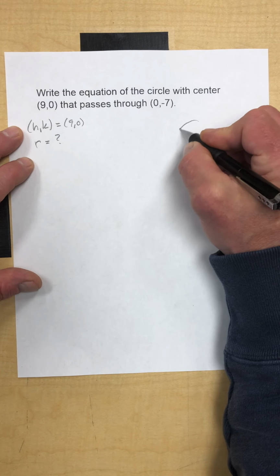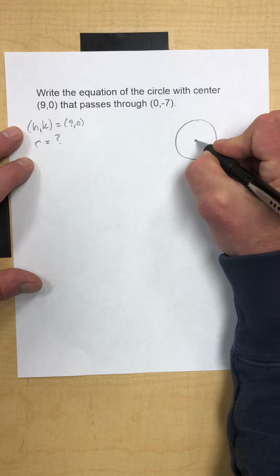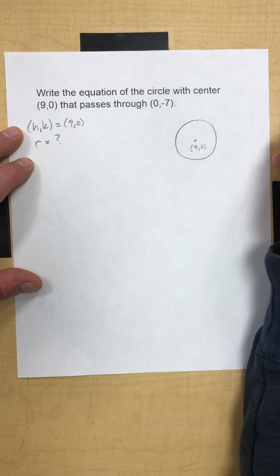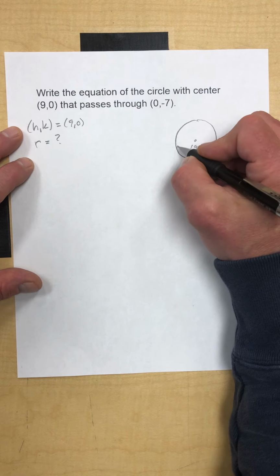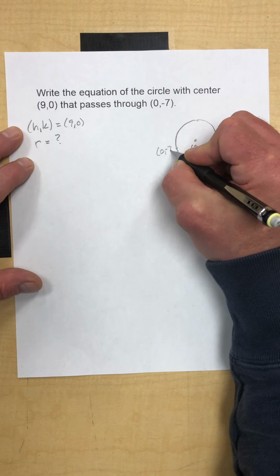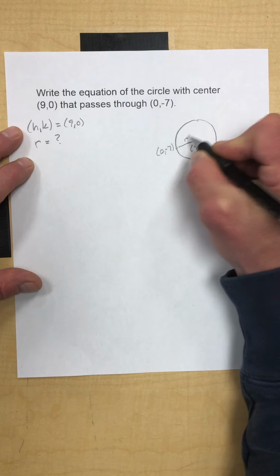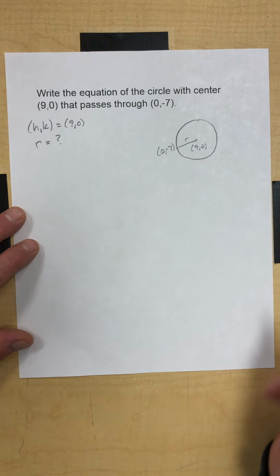So I have this circle. I've got a center at 9, 0, and I have some point on it somewhere at 0, -7, so over here somewhere. My radius is right here. Again, I've got to find the distance from the center to that point.